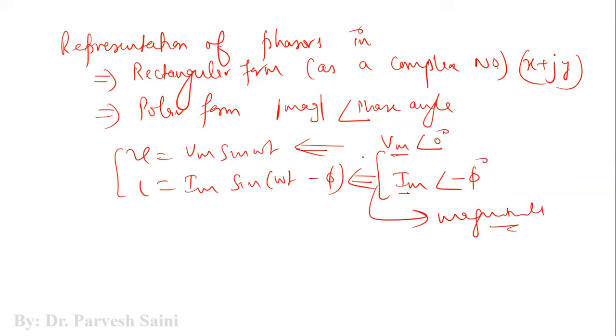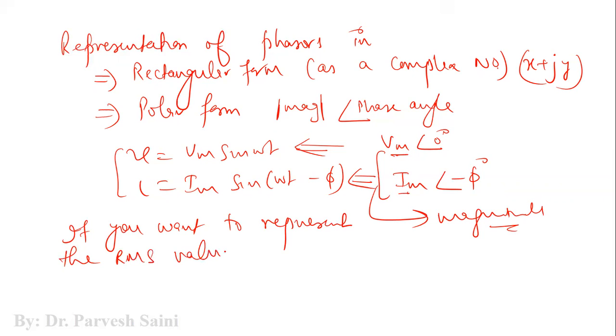If you want to represent the RMS values in polar form, we know that the RMS value of an AC is Vm by root 2, so we can write Vm is equal to root 2 V RMS.